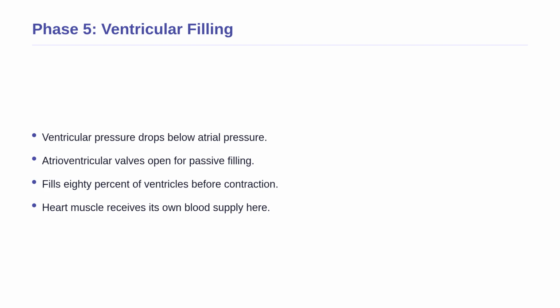This passive flow fills about 80% of the ventricles before the cycle even requires a muscle contraction. The heart actually spends most of its time in this relaxed filling phase, which is vital because the heart muscle receives its own blood supply only during relaxation. After this, the entire cycle repeats.